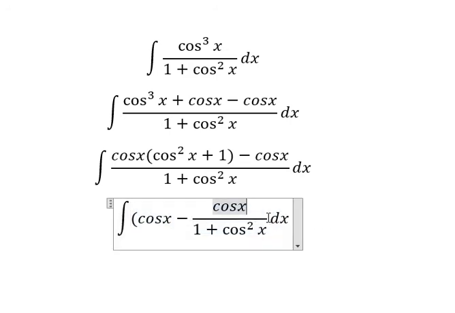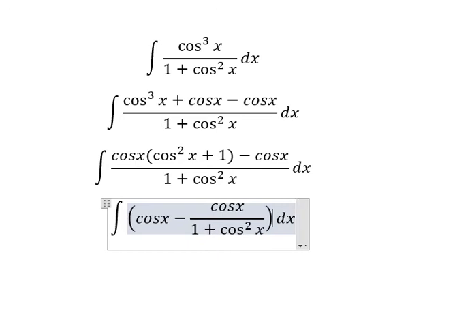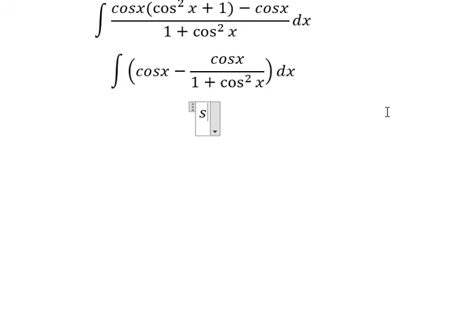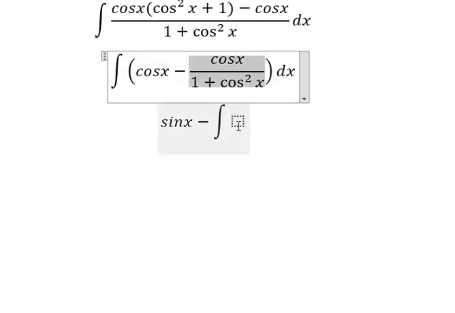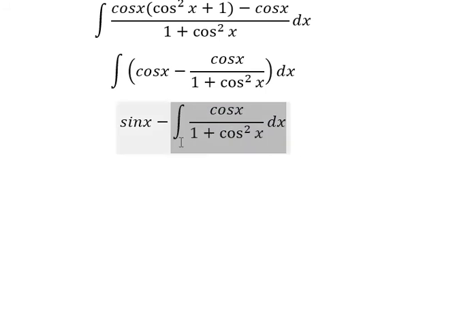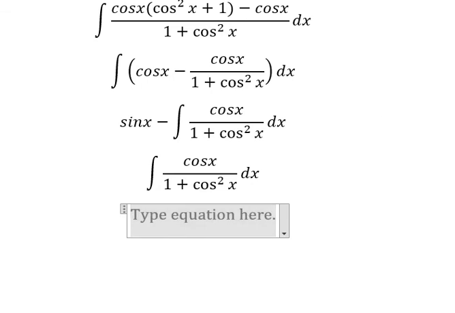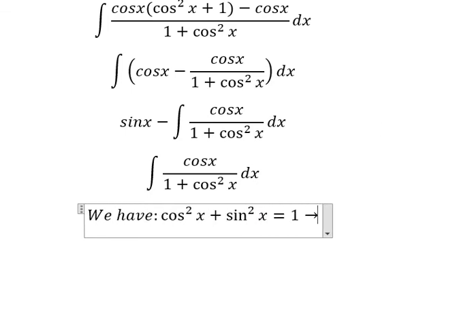Now, the integration of cosine x, you get sine x. And we have the integration of this one here. Now I will concentrate on this one. We have the formula here: cosine x squared plus sine x squared equals 1.